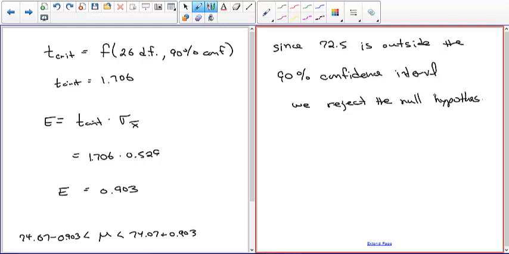So we are basically accepting that there is a significant difference.